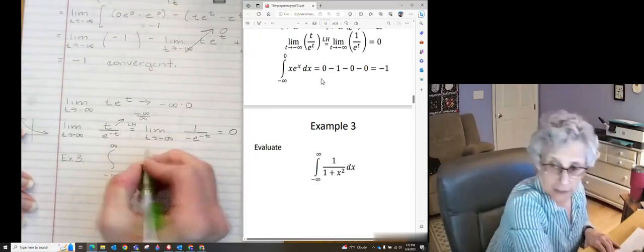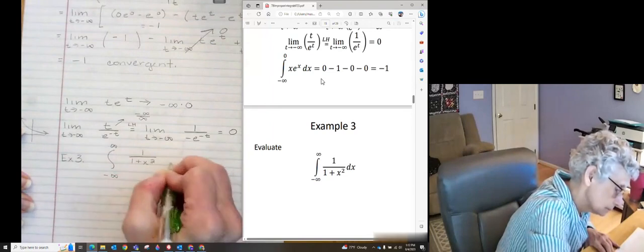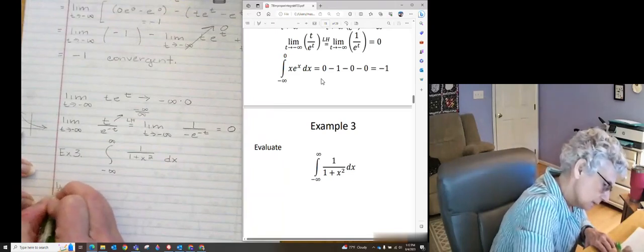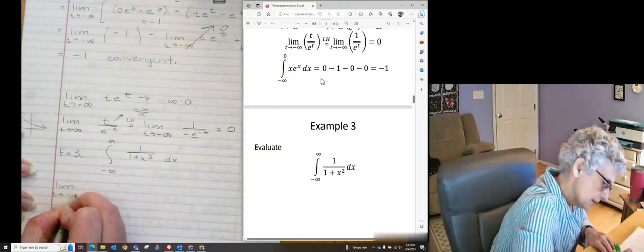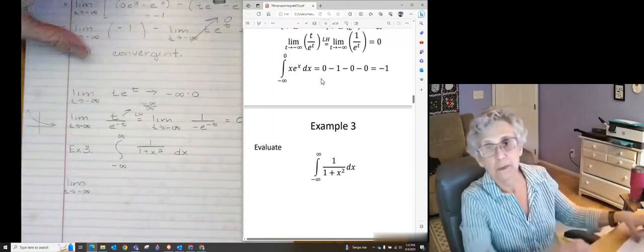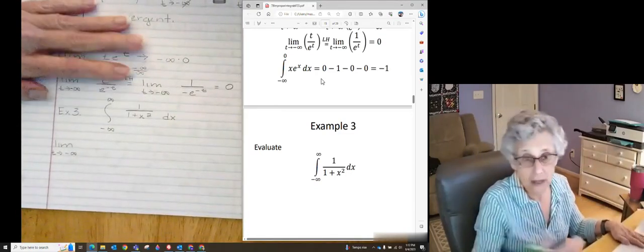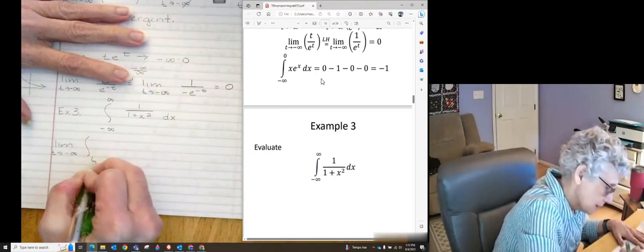So I'm going to have to divide this into two limits. So this is going to be the limit as t approaches negative infinity. Now you can choose anything that you want to divide it. I'm going to divide it at 0 just because that makes sense to me.